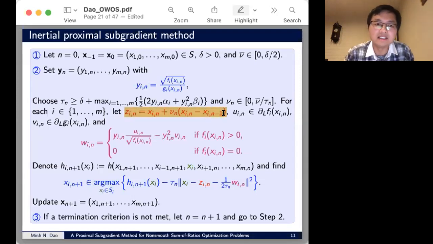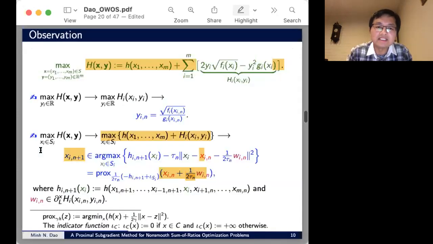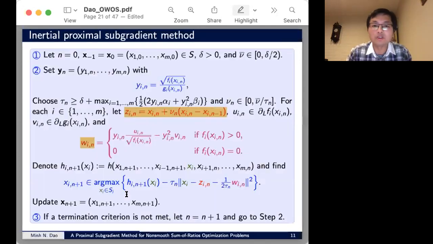It is an inertial step. Actually, this wn here is not always a subgradient of hi, but in some cases it is, but it's not always.